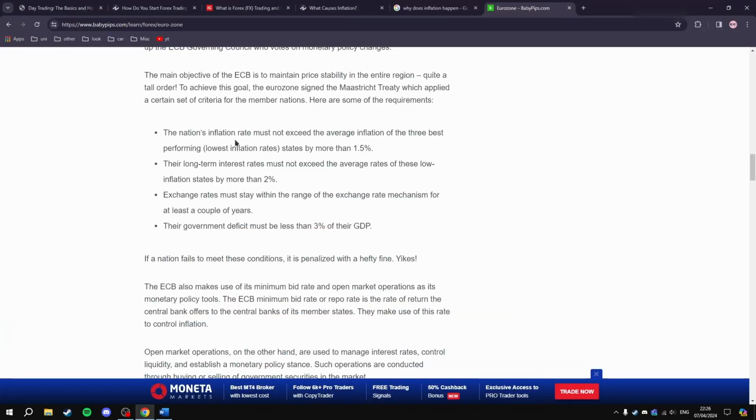Lowest inflation rates. Doesn't that mean the country's economy isn't doing that well if there's not much inflation going on about?